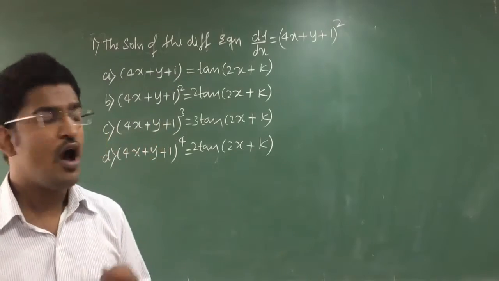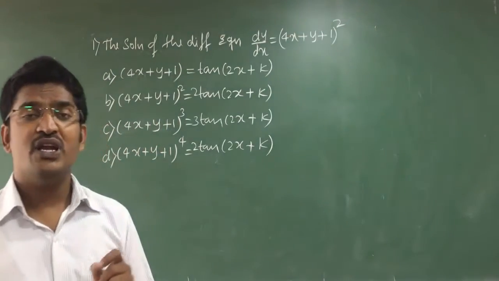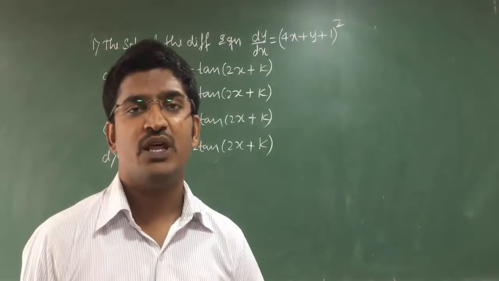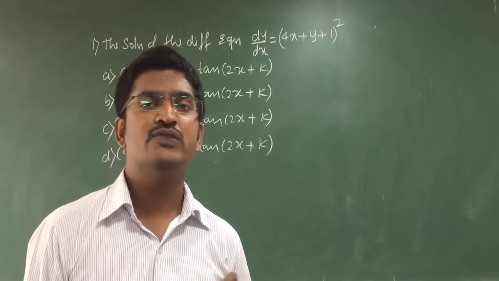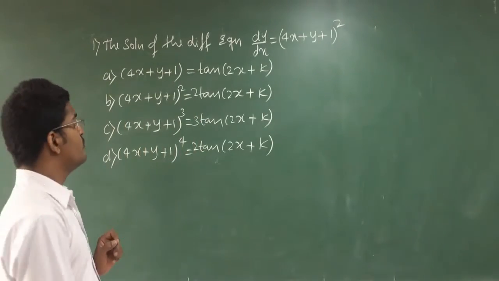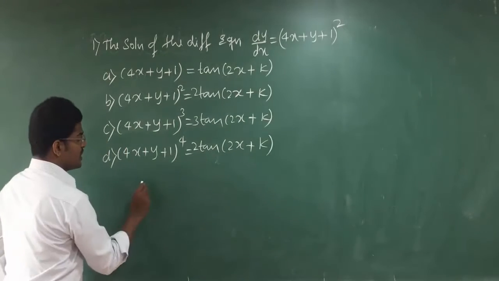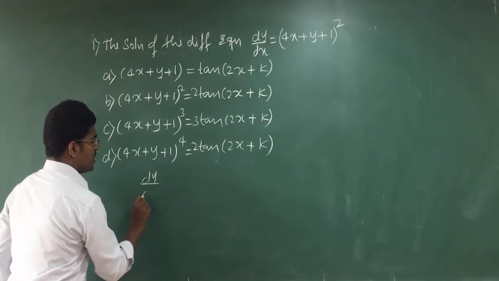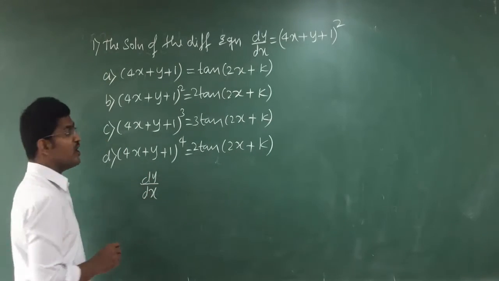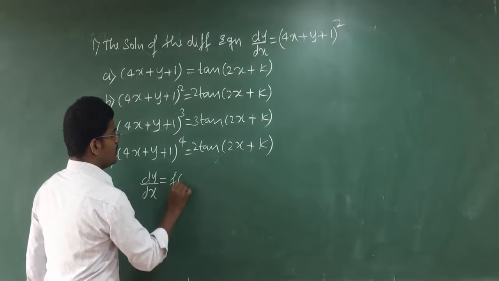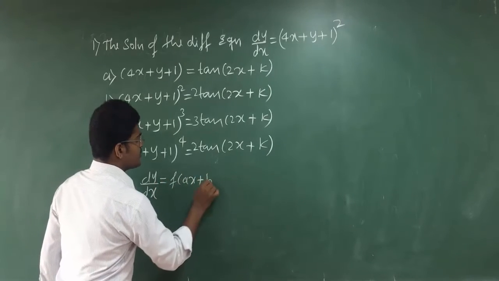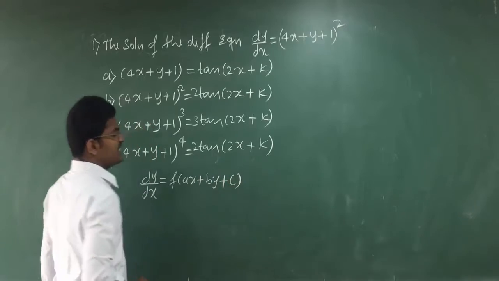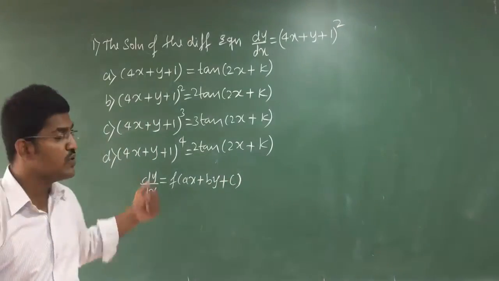Already you know how to reduce the given differential equation to variable separable form. For reducing to variable separable form, first we have to check whether the given differential equation is in the form dy by dx equal to f of ax plus by plus c or not. First we have to check this.